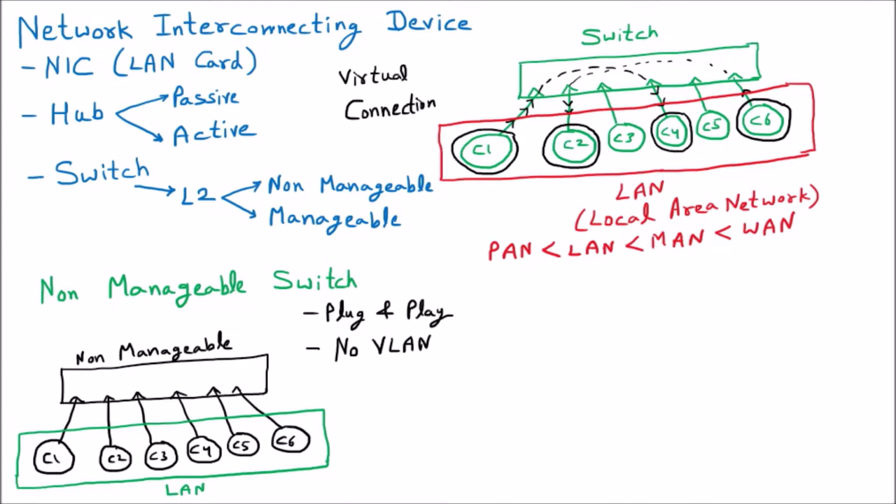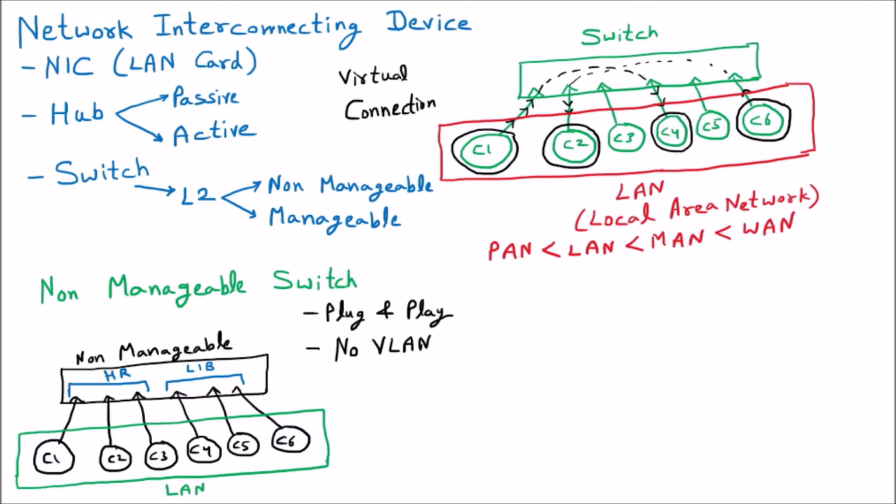Now let us assume that the switch is placed inside the server room and these 6 computers are separated. Let us suppose the first 3 computers are placed in the HR department, with wires going from the server room, and the next 3 are placed in the library. That is totally possible, no problem.